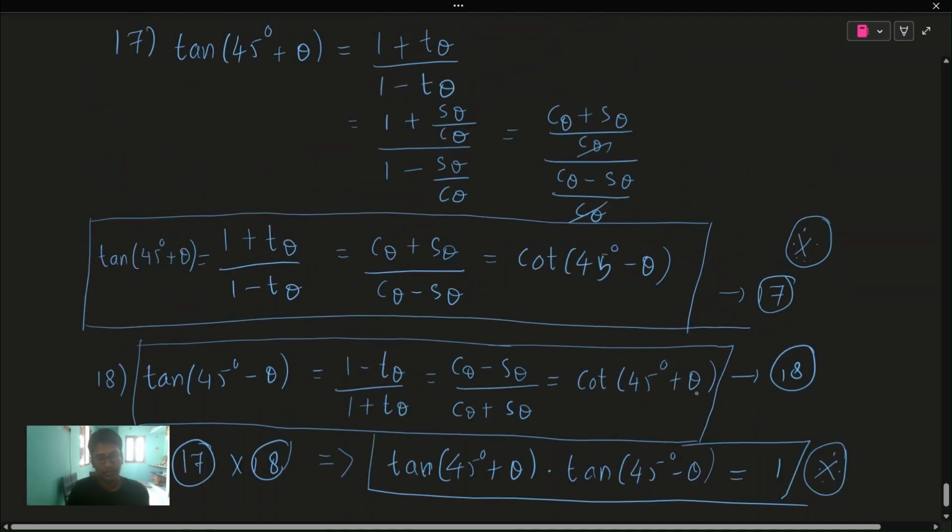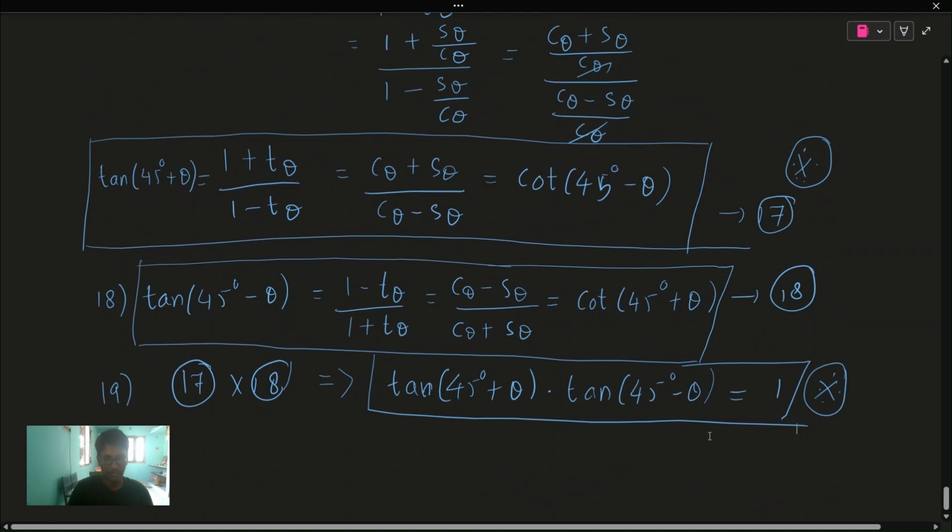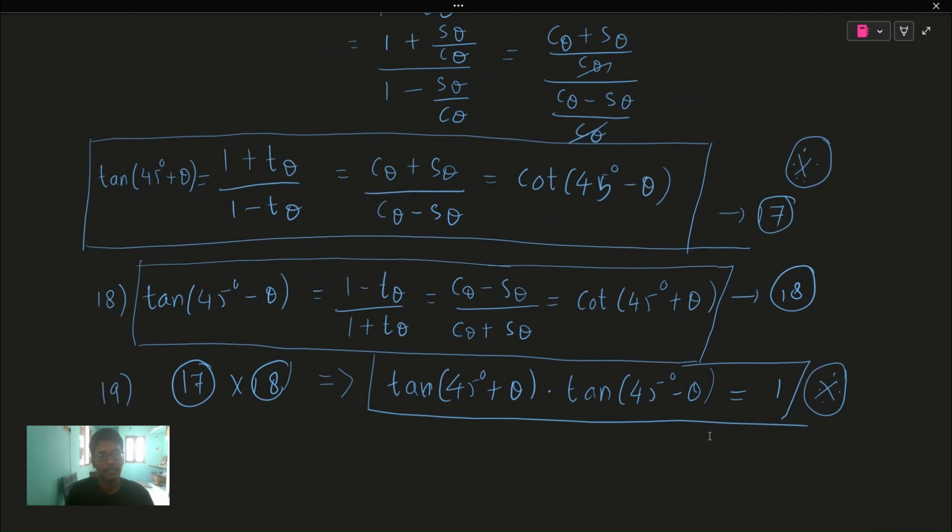So these are the derived identities from just 4 equations: sin of A plus B, sin of A minus B, cos of A plus B, cos of A minus B. So you can deduce 15 different equations from just 4 identities, and this is compound angles where you are able to get some gigantic expressions like this, and there isn't any difficulty in memorizing.